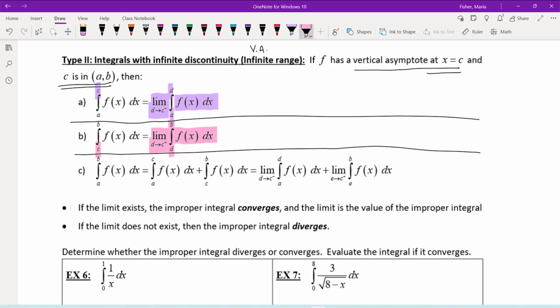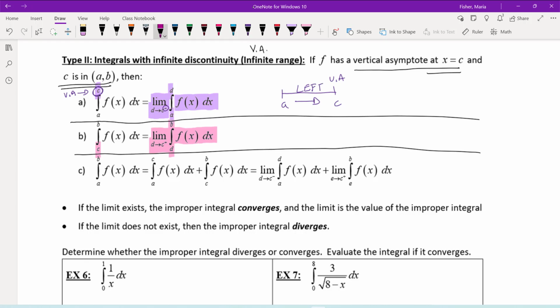Again, first you evaluate the definite integral and then the limit statement. But notice that one of these was from the left and one of these is from the right. How do I know which to choose? Well, if your vertical asymptote is your upper limit of integration, you're looking at a to c, and the only way to get to c is to approach it with numbers that are smaller than c, to approach it from the left. That's why we say from the left.